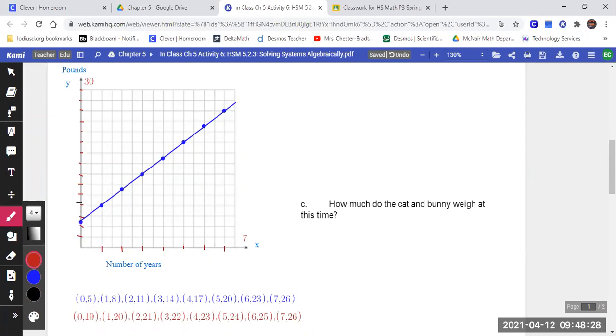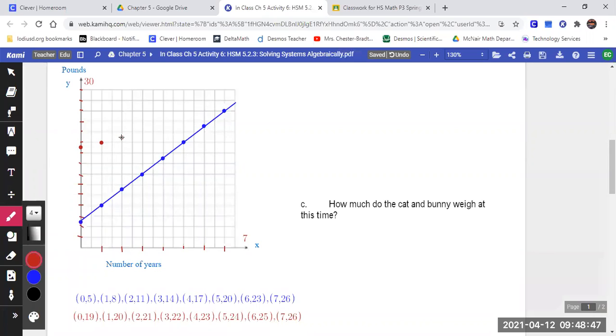2, 4, 6, 8, 10, 12, 14, 16, 18, halfway between them. The kitty was going over 1, up 1, over 1, up 1.